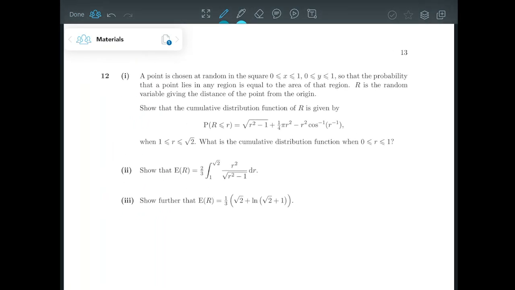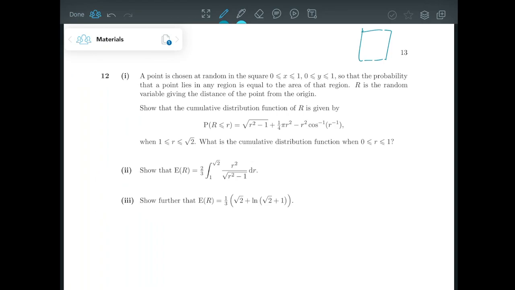A point is chosen at random in the square. Mixing probability and geometry, already a bit wary. So the probability the point lies in any region is equal to the area. So we're uniformly firing a dart at a square board. So we're equally likely to hit any area.